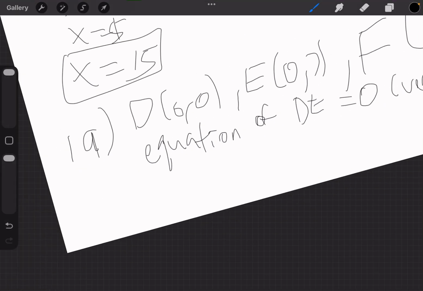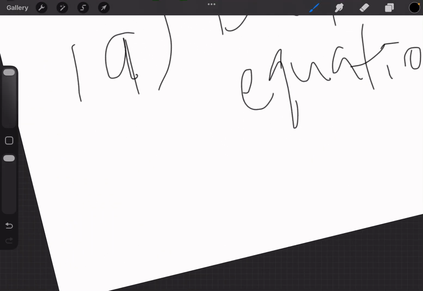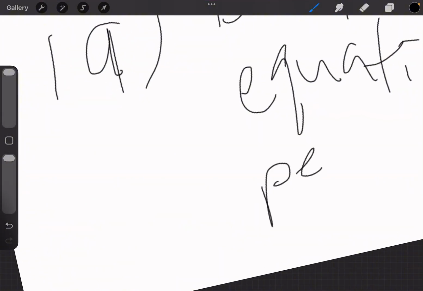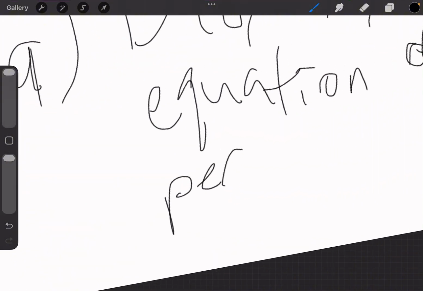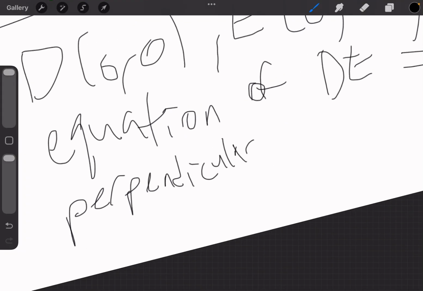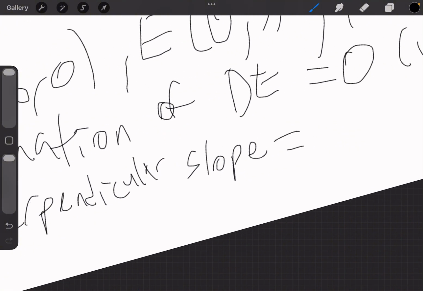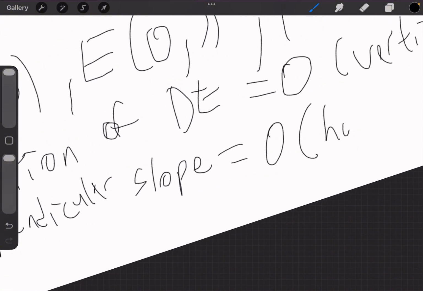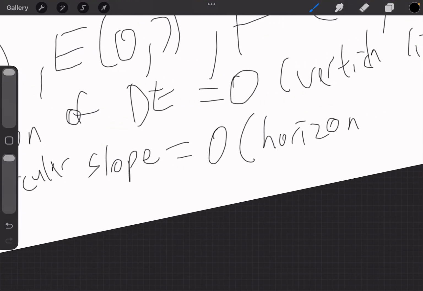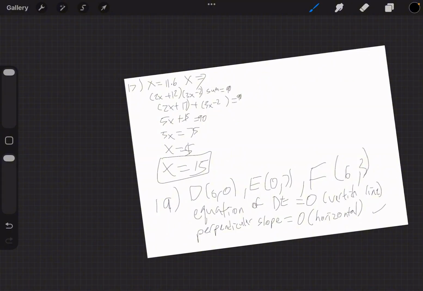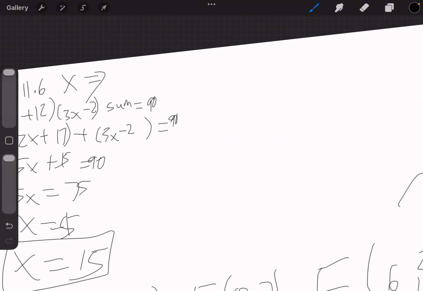Sorry about my handwriting because I lost my Apple Pencil, so I'm just writing it with my fingers. So the perpendicular slope equals 0, and it's horizontal. Okay, I'll bring my working here.